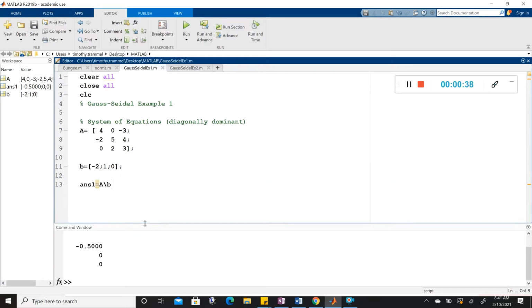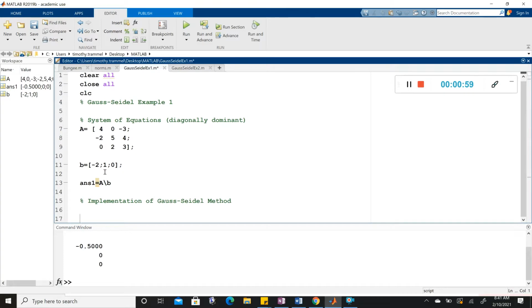All right, and if we want to start implementing this technique, what we want to do is solve for x1, solve for x2, solve for x3.